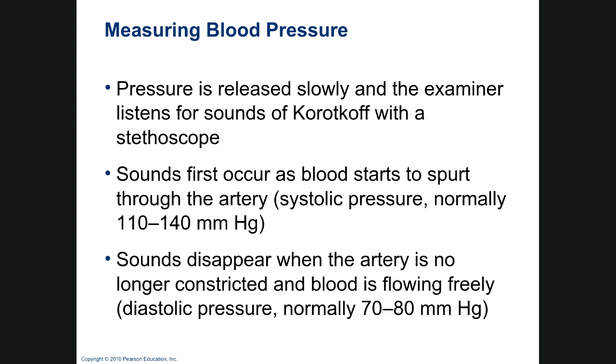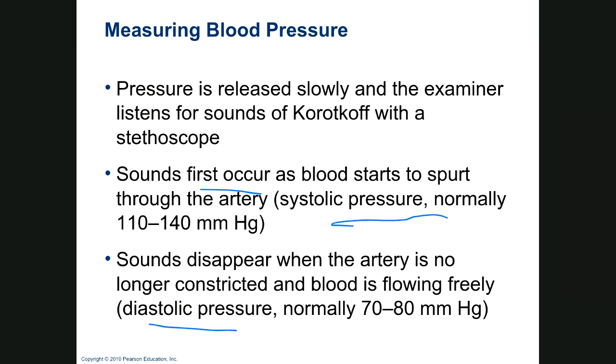The first sound that starts indicates your systolic pressure. That's because you have finally reached the pressure in the cuff that is equal to that in the artery, because the blood's getting through, but it continues to cause turbulence. When the sound disappears, that's your diastolic pressure.